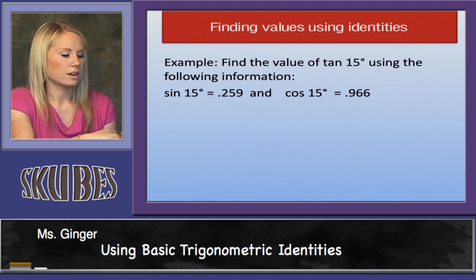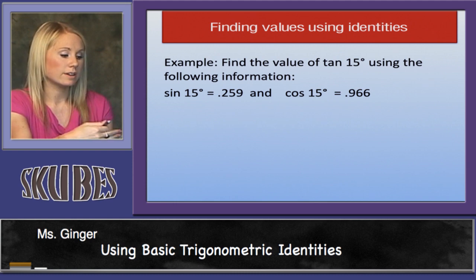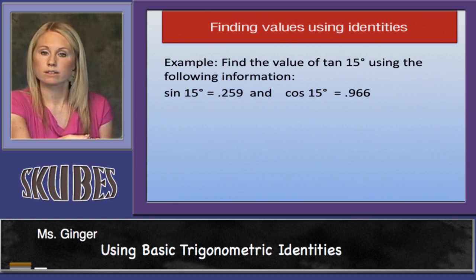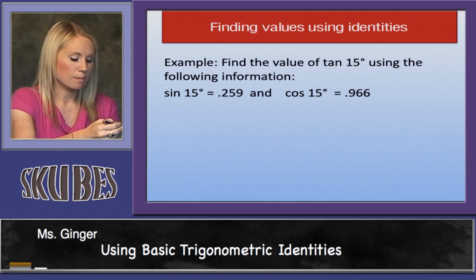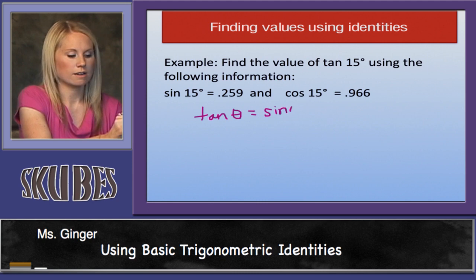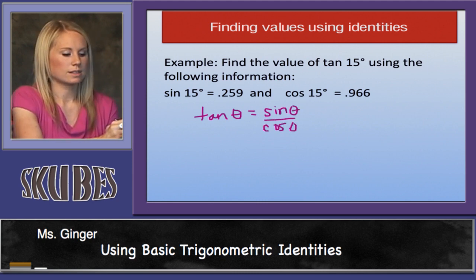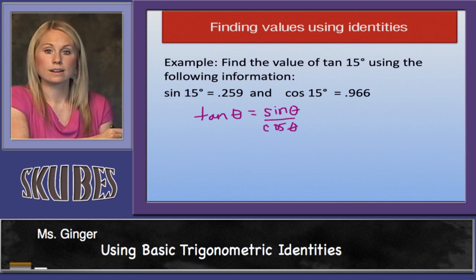All right, let's practice another one. Let's say we need to find the tan of 15 degrees, and they give us the sine and the cosine of that same angle. Using our basic identity, the tan of an angle is equal to the sine of that angle over the cosine, I can see that I need to divide my values.